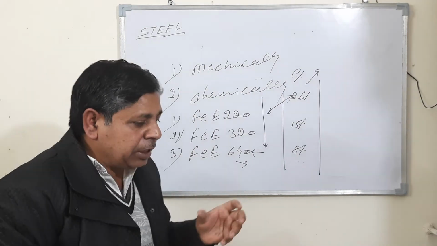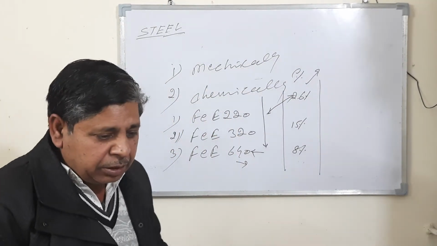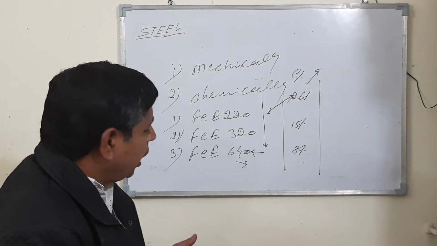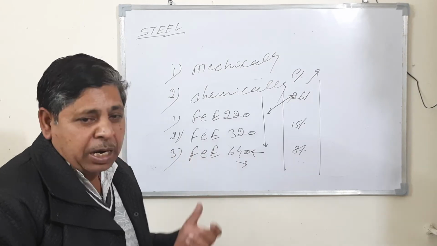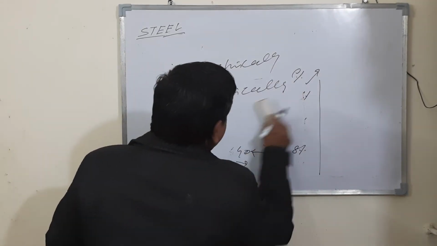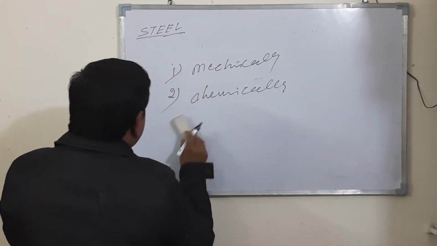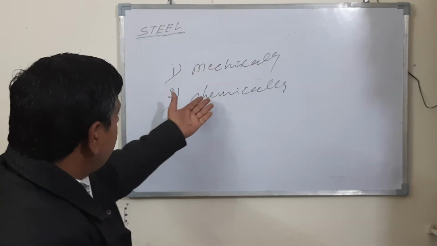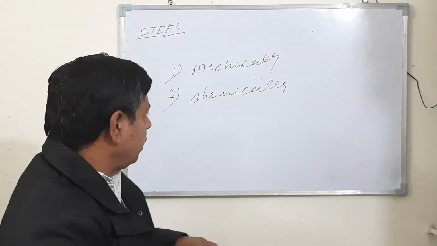This soft metal is generally used for making agricultural parts, household things and practical works and different types of other parts. These are the mechanical Indian standard designations of steel.